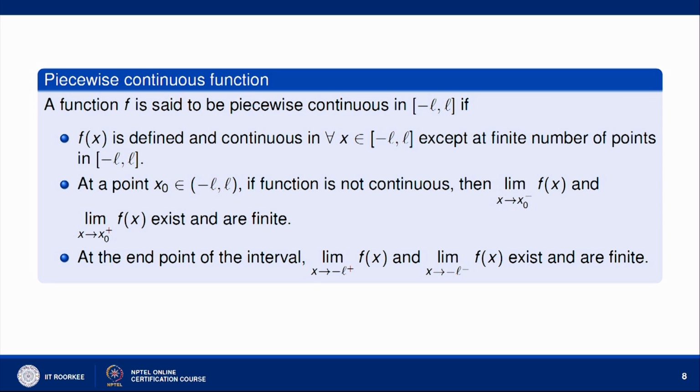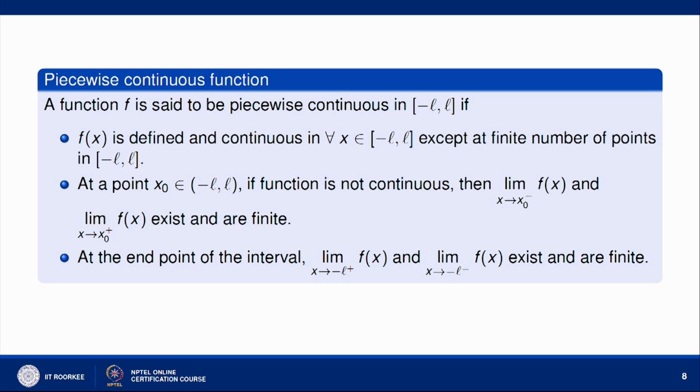A function is said to be piecewise continuous in minus L to plus L if the function is defined and continuous for all x except at a finite number of points. Okay. If a function at a point say x naught is not continuous, then the left hand limit and right hand limit at that point exist and are finite. Okay. That means discontinuities are of jump type.